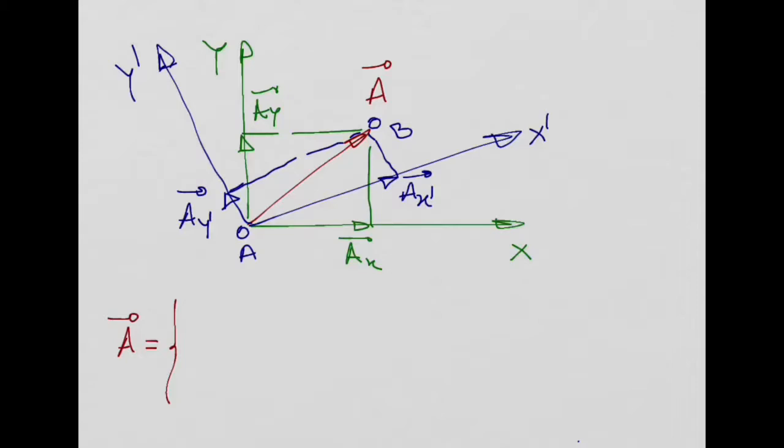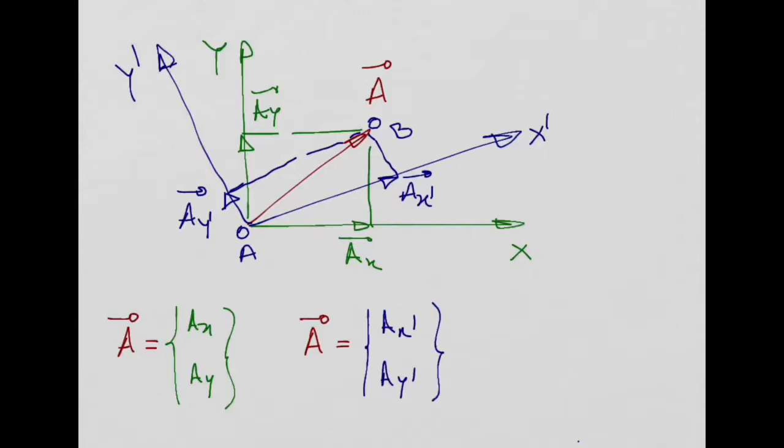If I describe this vector A in the original x, y coordinate system, I will get Ax, Ay. And if I describe this vector A in the x prime, y prime coordinate system, I will get the components Ax prime and Ay prime.